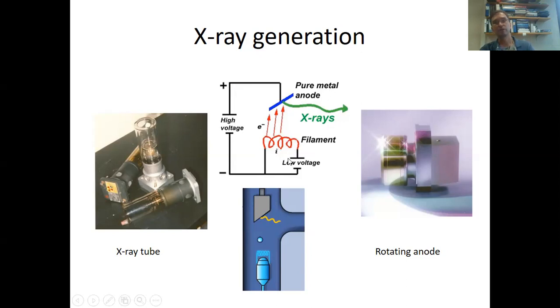Okay? Basically, the electrons that flow through that filament due to the high current collide with electrons within the filament, and these collisions can eject electrons.